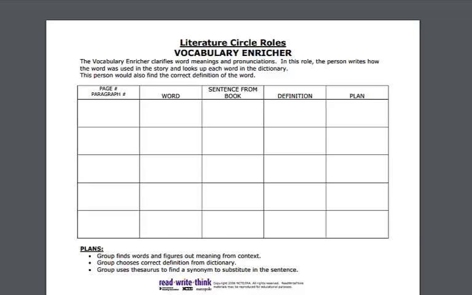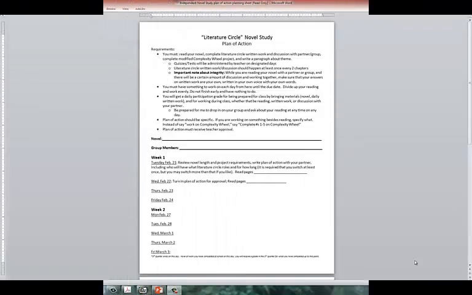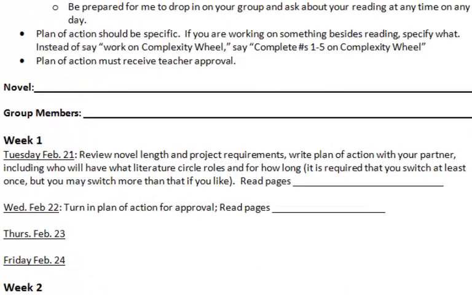Okay, you'll be working on these pages as you read, and then you will prepare to have those discussions on the appropriate day after the right amount of reading. One thing I almost forgot, you do need to switch your roles at least once.